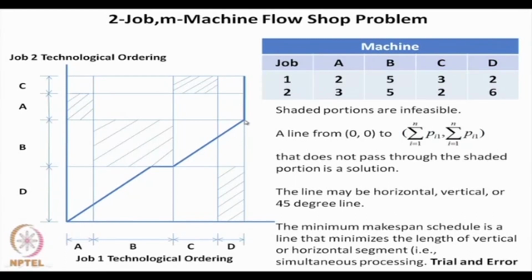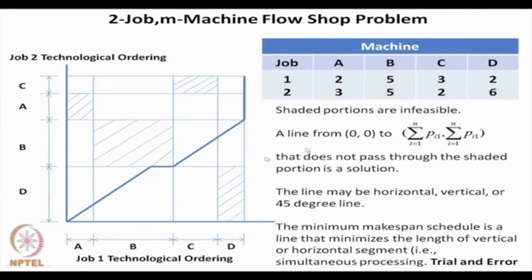Now, at the 12th hour machine D has completed its task and B also has completed its task on job 2, and therefore, job 2 is now available to be assigned to machine A and machine C in sequence for its operation. That is the meaning.